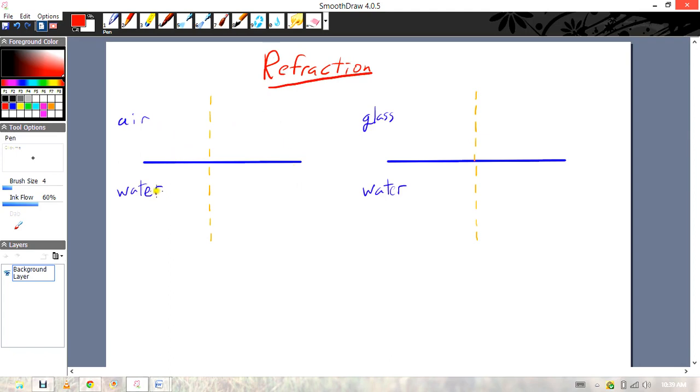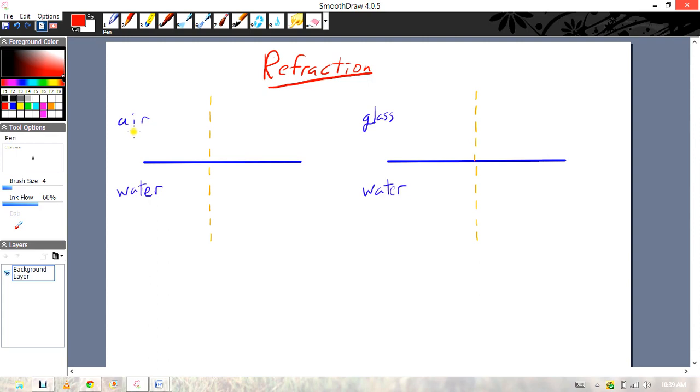We've already learned this, and as you recall, the speed of a wave will change as it enters a new medium.